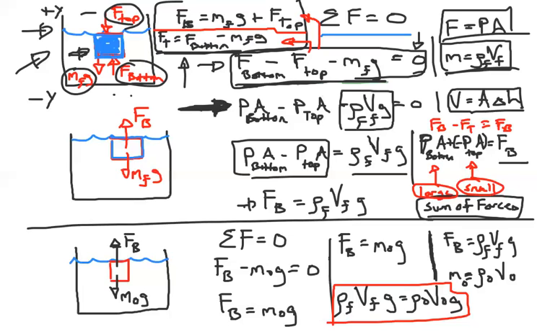So the force from the top is a lot less because of the subtraction sign, versus the force from the bottom, which is a lot larger because of the addition sign. So we know that this force is going to be much larger than this side of the equation. That makes sense?